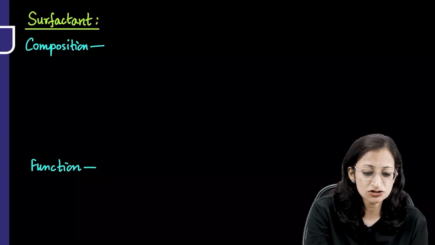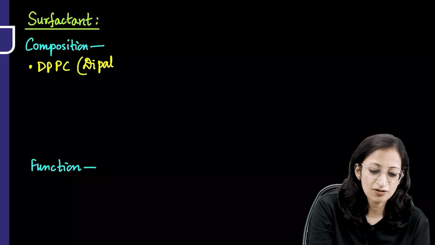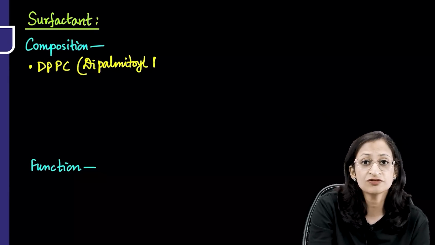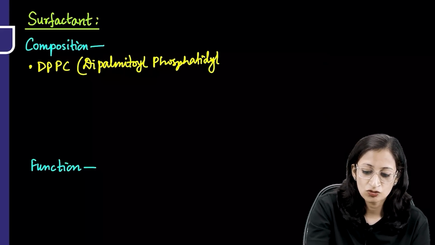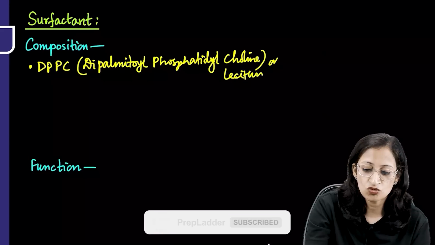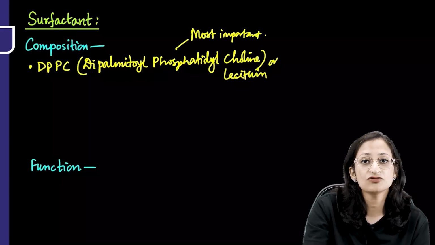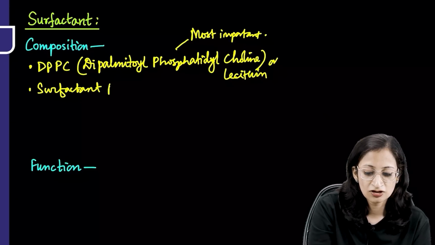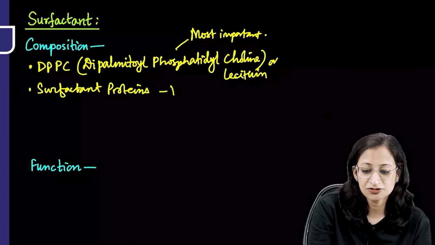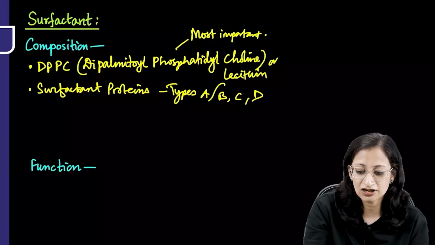One of the most important constituents of surfactant is DPPC, that is the dipalmitoyl phosphatidylcholine, or lecithin. Apart from that, there are some surfactant proteins, types A, B, C and D, out of which surfactant protein type B is again the most important.